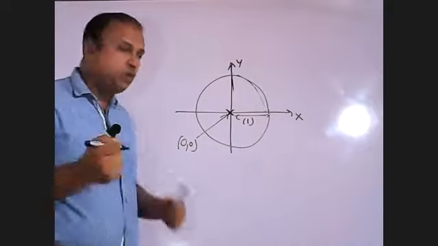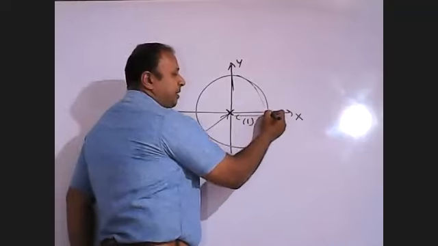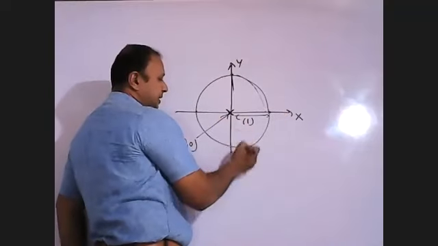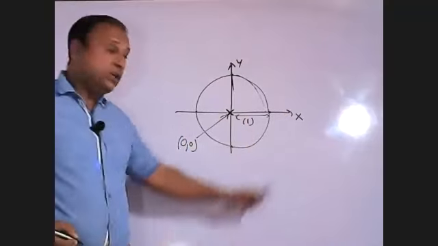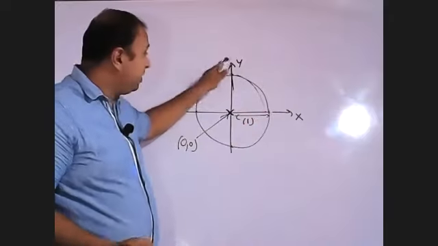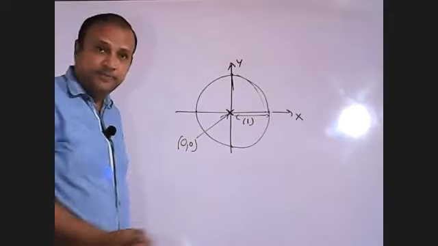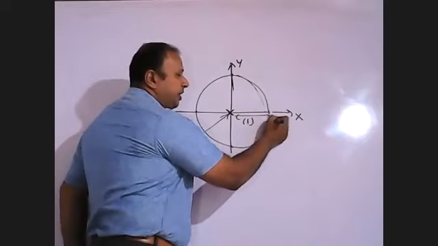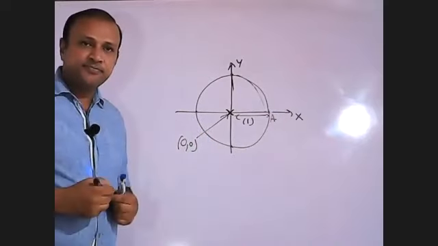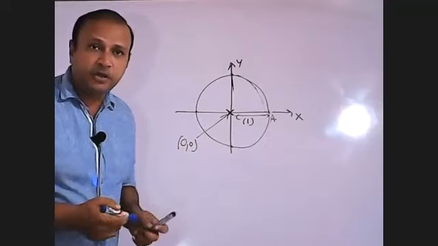According to that definition, you can determine the Cartesian coordinates of these 4 points. What is the Cartesian coordinate of point A?